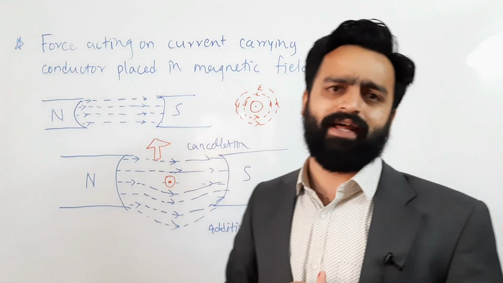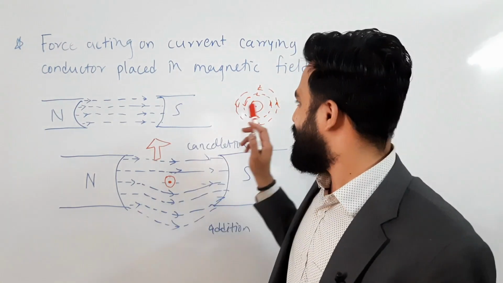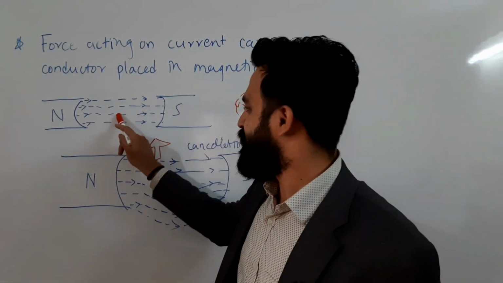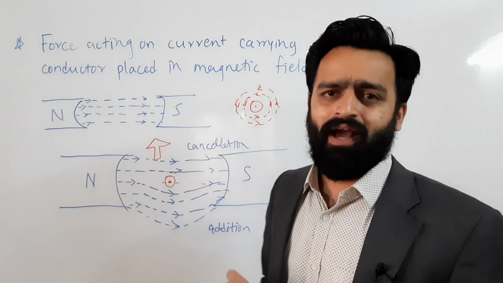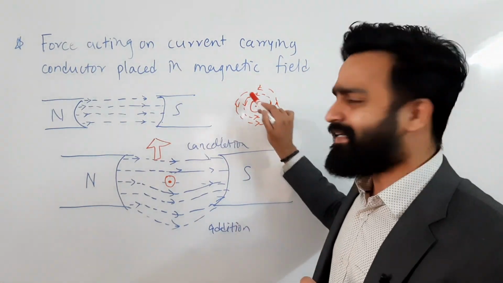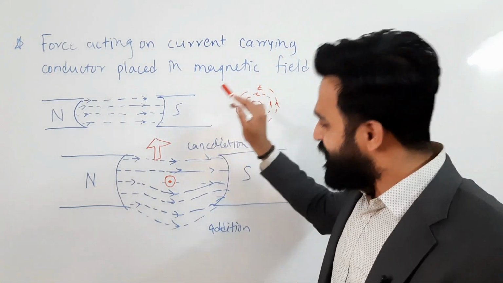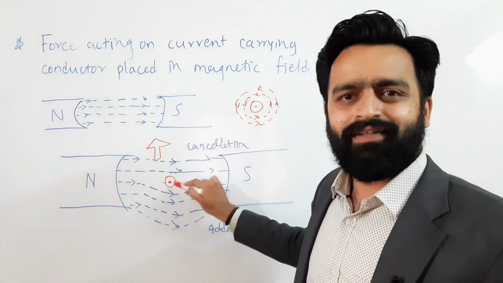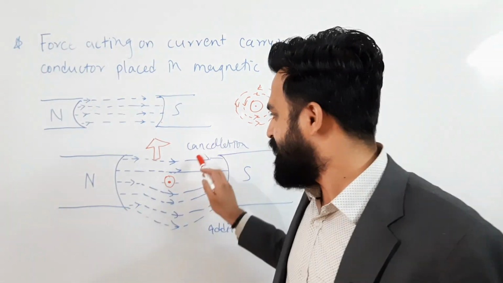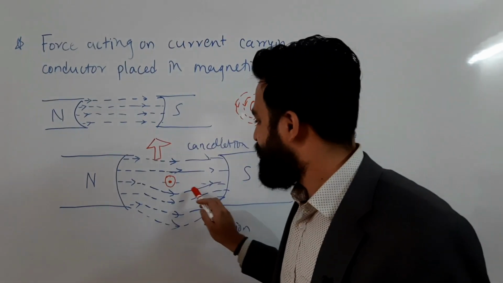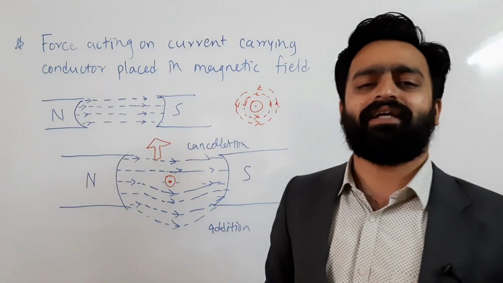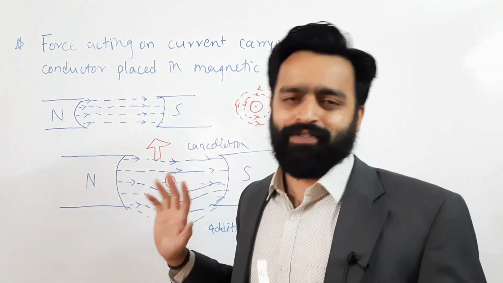When you place a current carrying conductor in a magnetic field, it experiences a force. Here I had taken a dot. If I take a cross over here and place it in this magnetic field, then the behavior will be opposite. Here there will be flux addition, and here flux cancellation, and the conductor will move downwards.